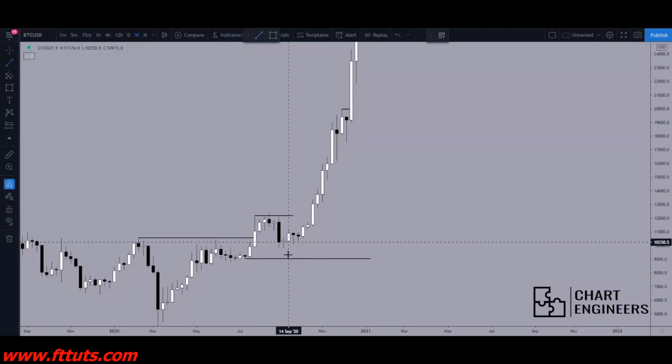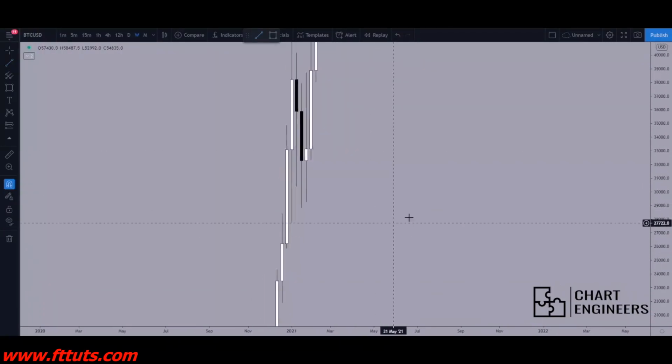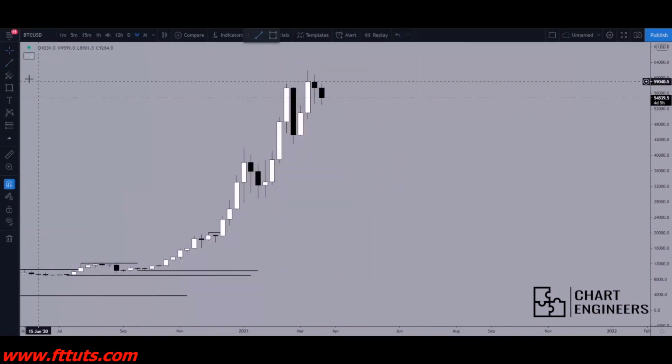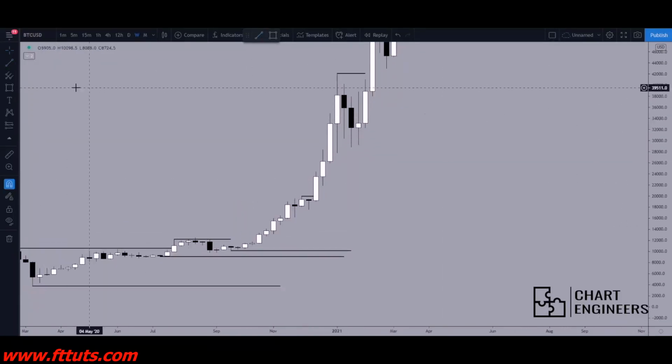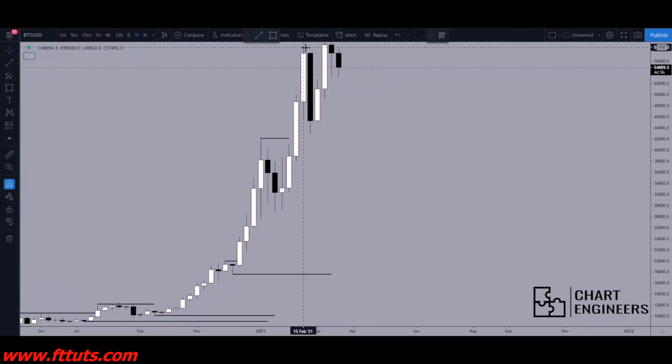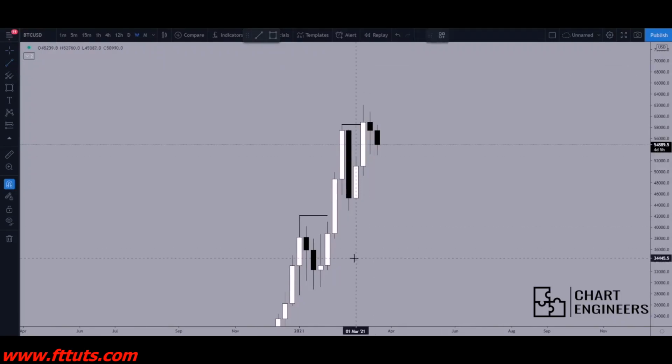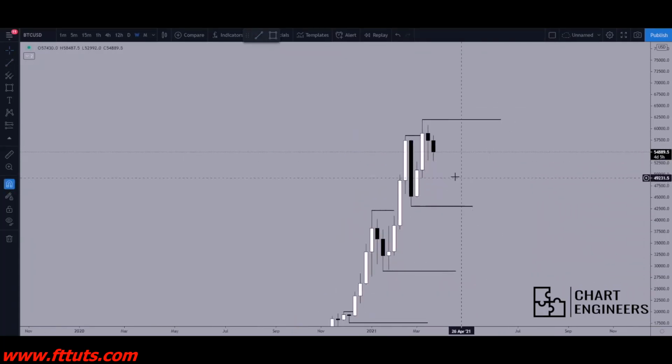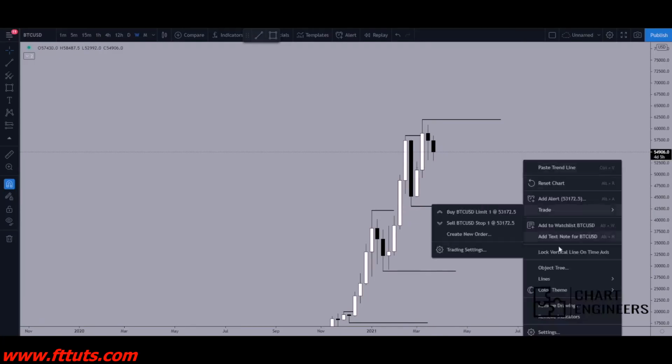It's going to be this one here, and then it's going to go there, and then our new low would be there, and then a new high up here, and then a new low, and then a new high, and then a new low. So I'd anticipate for the market to just continue trending up unless we close below this weekly low.